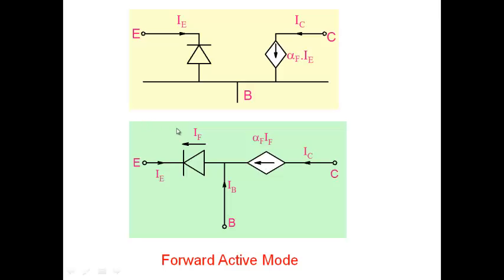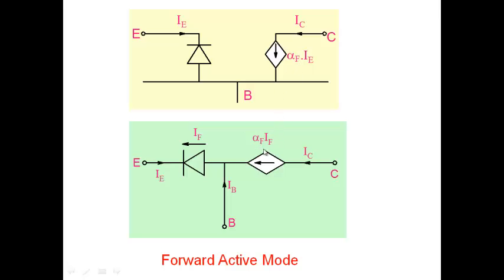This current we have written as IF. IF is the current flowing through this particular diode. When you forward bias a PN junction diode, you know that a current flows through that PN junction diode. So that's the current here. If we call it IF, then this current source must be equal to alpha F times IF, just as it was alpha F IC and alpha F IE.